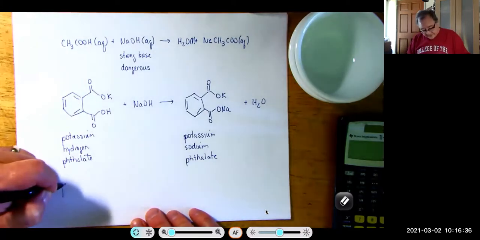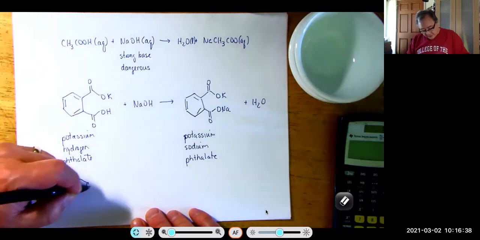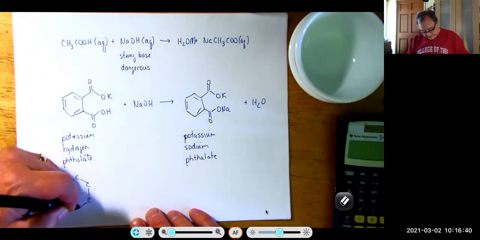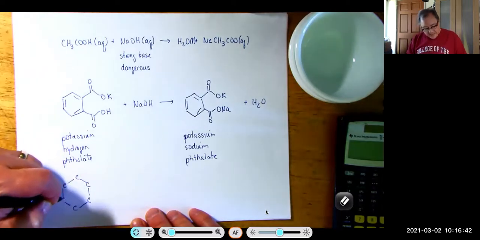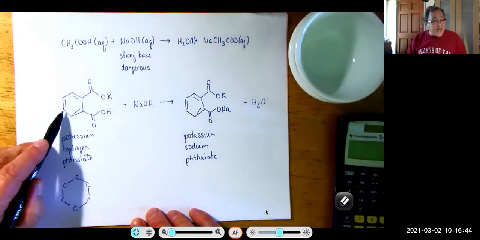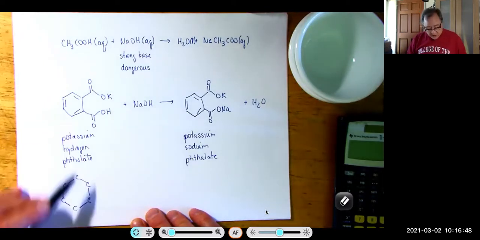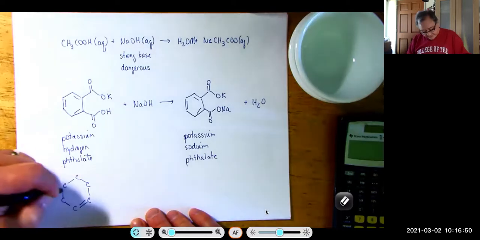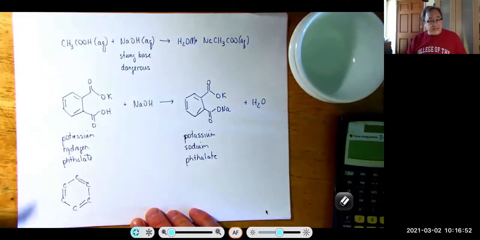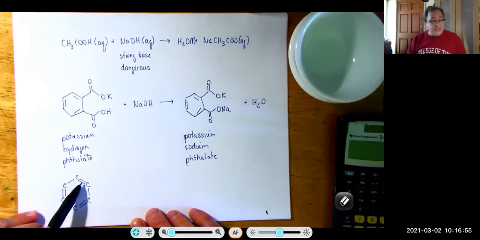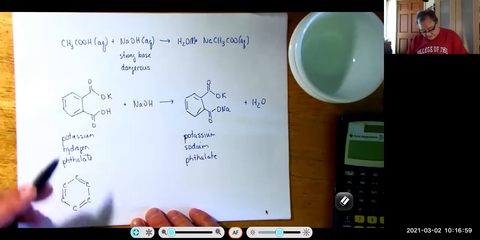The deal is that wherever you see lines, those are bonds. And the bonds connect together atoms. If we do not see the atoms where the bonds meet, they are carbon atoms. We normally think of two lines parallel as a double bond, a single line as a single bond.